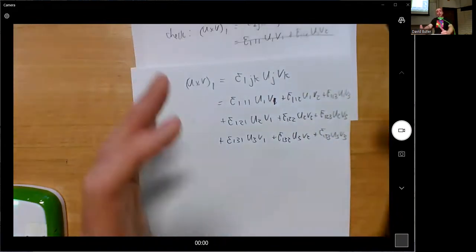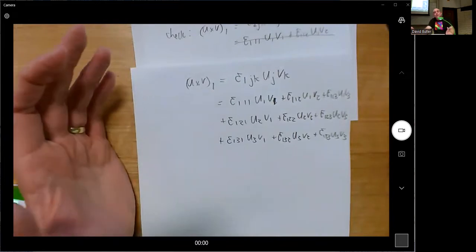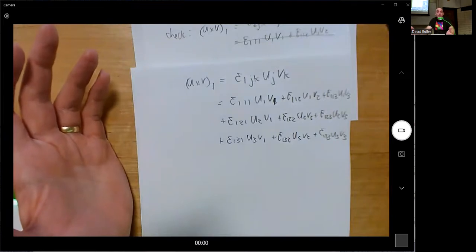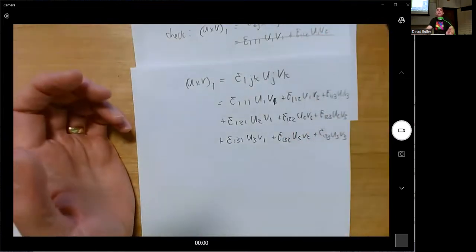I've run through all the options for what j and k could be and every combination of them, and I've added them all up. That's what suffix notation is doing.